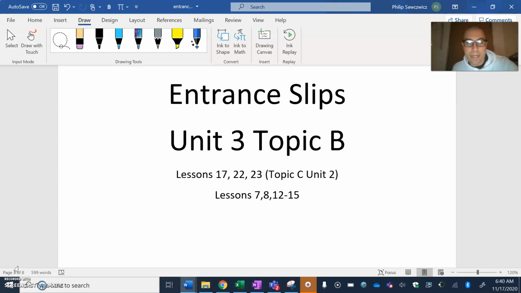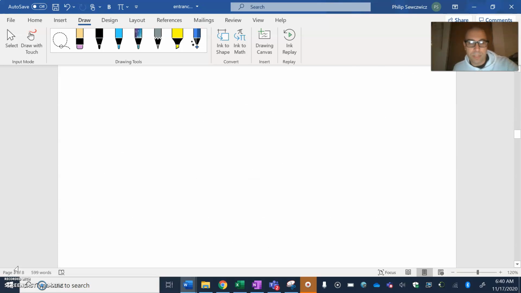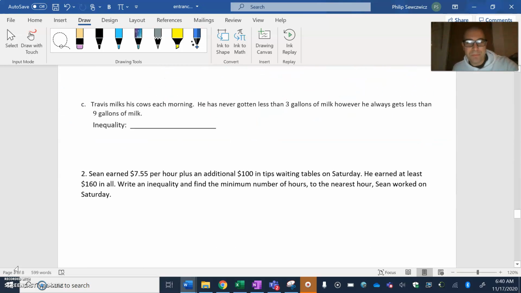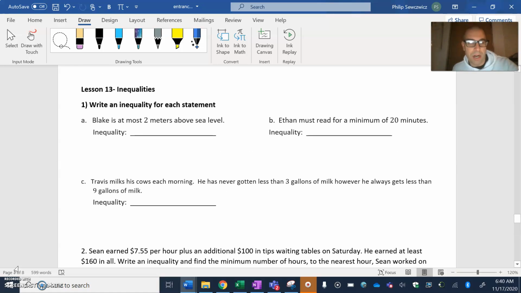So we're taking our knowledge of writing our equations as I get myself to lesson number 13 here. But we're going to use that with our knowledge of inequalities as well. All right, so write an inequality.